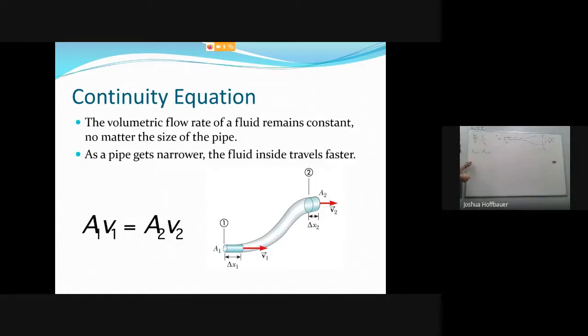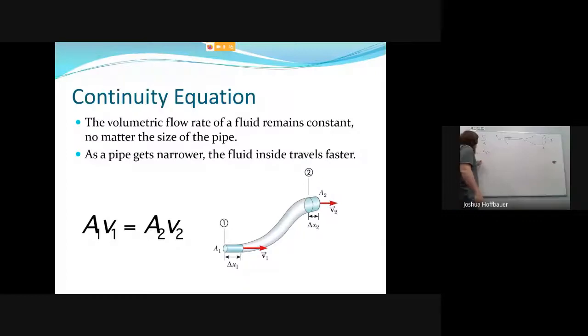So we have 1 times 1 equals 2 times the second velocity. If the area doubled, that means that our velocity needs to be cut in half, because 2 times 1/2 will be the same as 1 times 1.